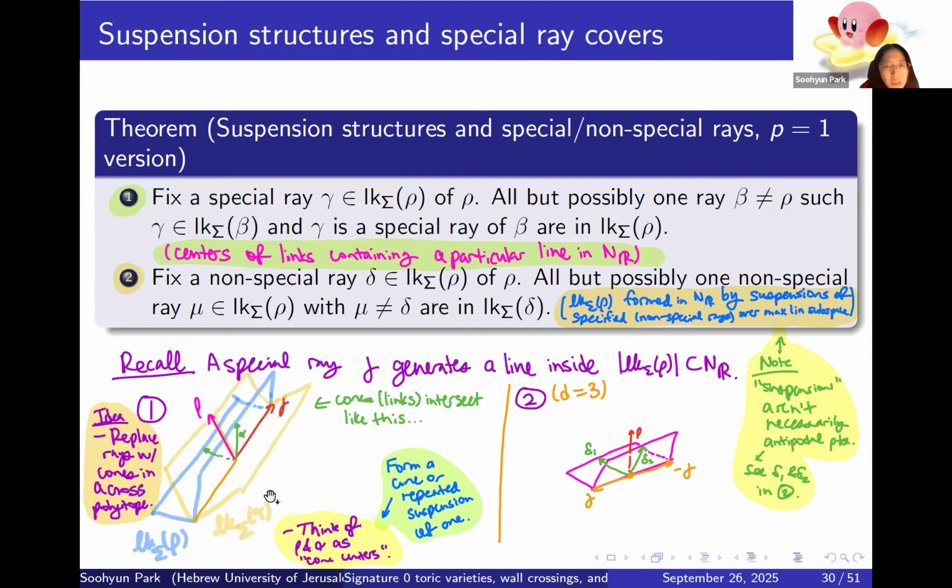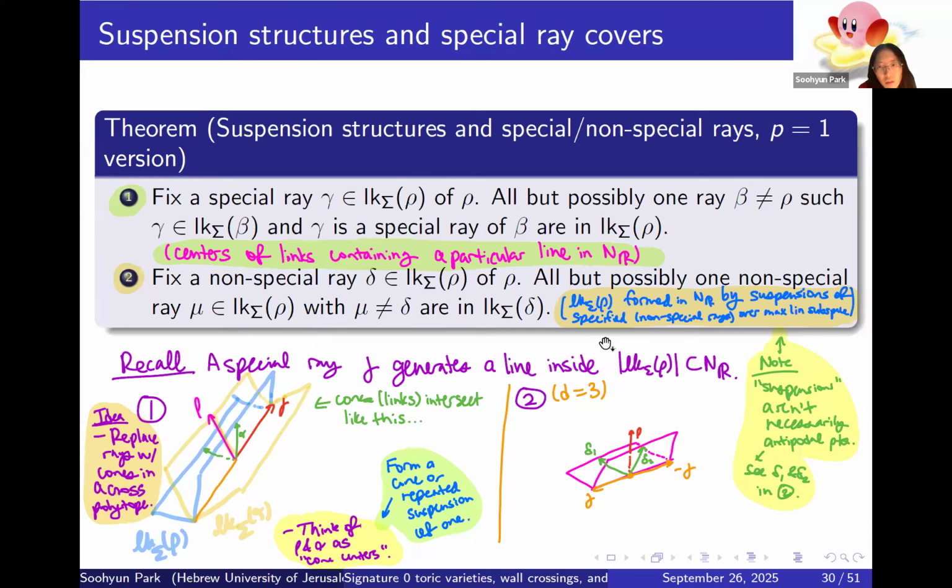Here, what this picture says is just two adjacent rays, and by adjacent I just mean forming a cone of the fan, that happen to share a special ray. So this is the line that lies in the realizations of both links.